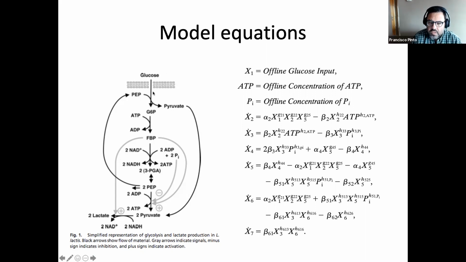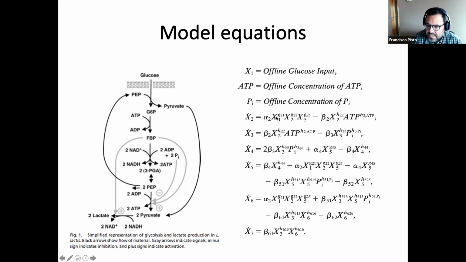So normally the chemical reactions, their rate is affected by the availability of the reactants for that reaction. And in classical mass action kinetics, these exponents are called the kinetic orders of the reaction relative to each of the reactants. And normally they are integer values, and they are 1 if, for example, for glucose, only one glucose gives origin to 1 molecule of glucose 6-phosphate.